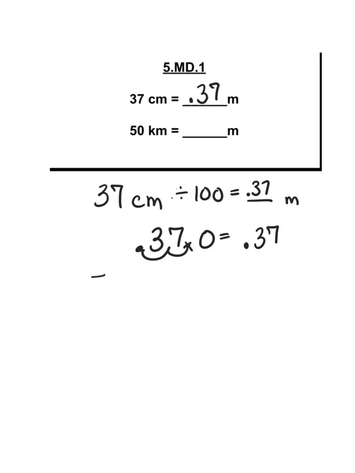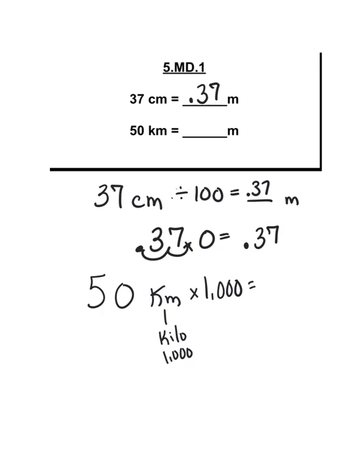All right, now I'm going to take 50 kilometers and I'm going to convert that to meters. So I'm going to have to multiply. Okay, there's 1,000 meters in a kilometer, which makes sense because kilo means 1,000. So I'm going to multiply 50 times 1,000.